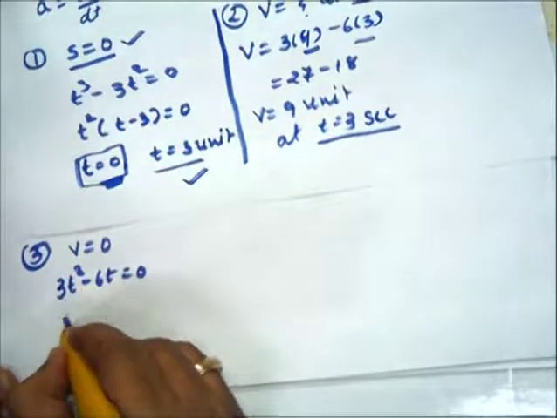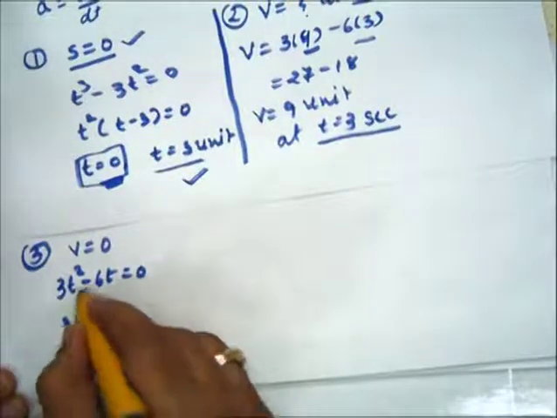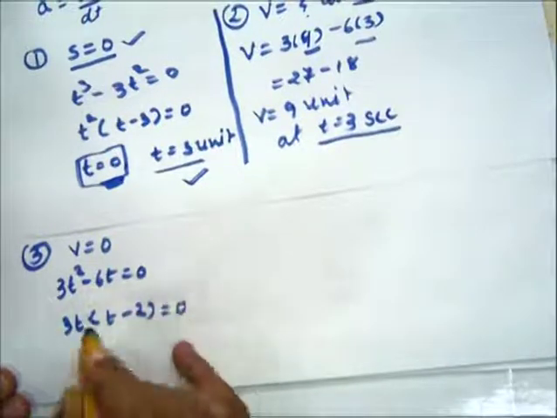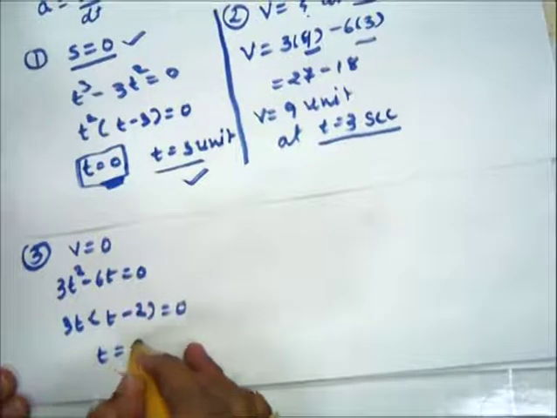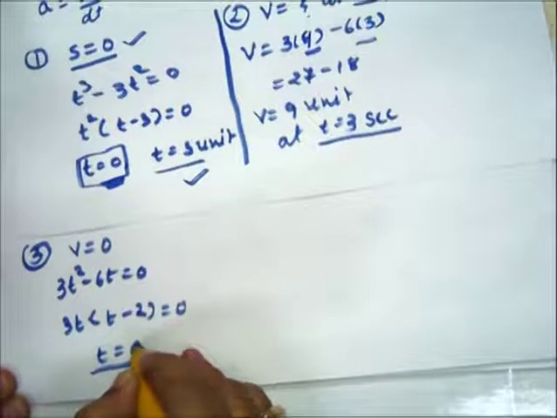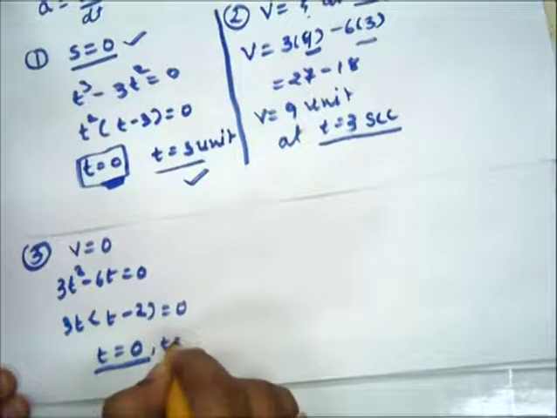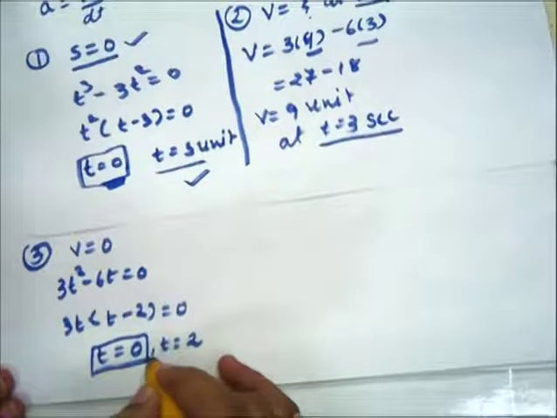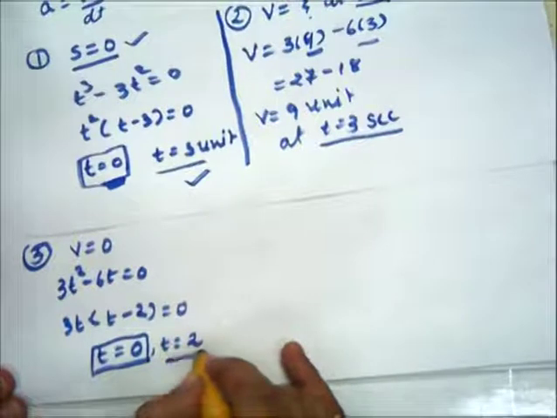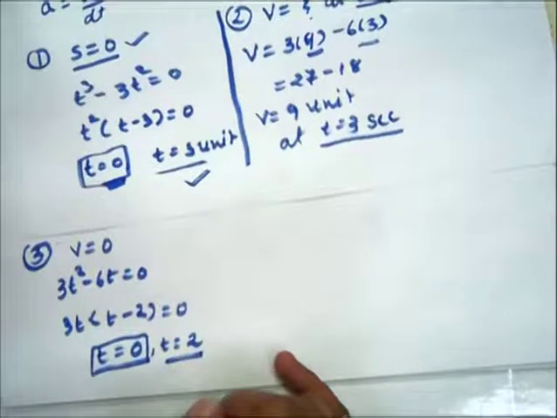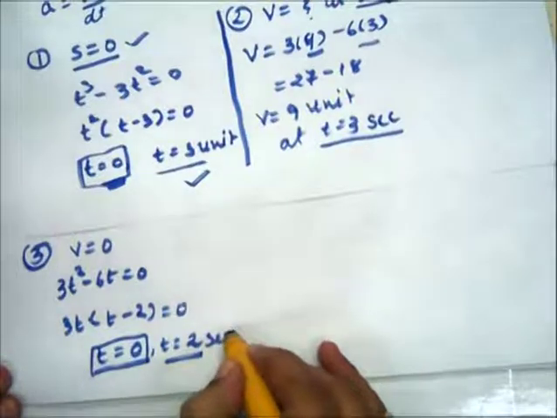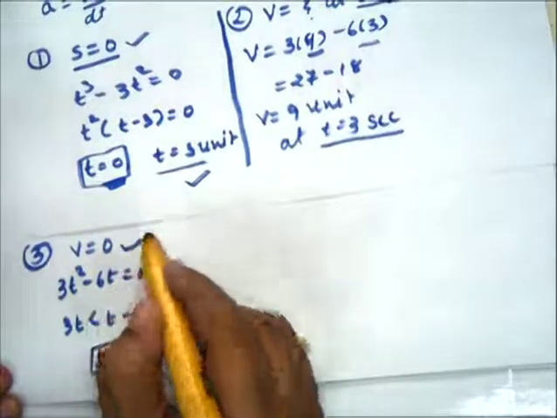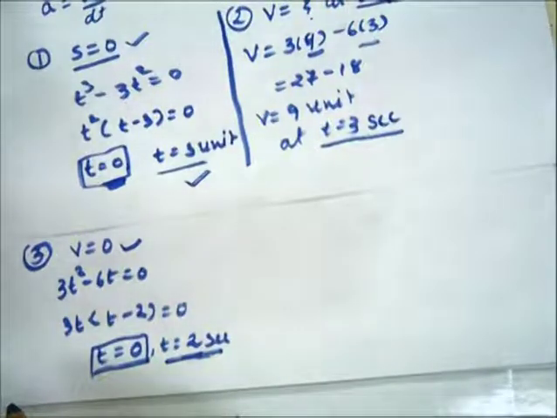If we take 3t common, we have t minus 2 is equal to 0. So t is equal to 0 or t is equal to 2. But we do not consider 0, because initially velocity is 0 in most cases. So here t is equal to 2 seconds is our answer. At this time velocity becomes 0. That is the answer of the third question.